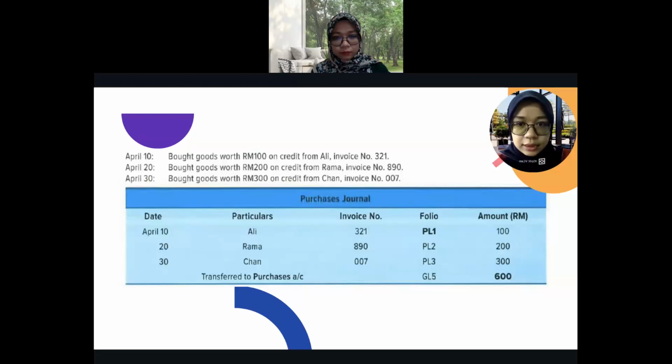For example, April 10 bought goods worth 100 on credit from Ali, April 20 bought goods worth 200 from Rama, and bought goods worth 300 on credit from Chan. All of these credit purchase transactions are recorded in the purchase journal as Ali, Rama and Chan with the invoice number and the amount.